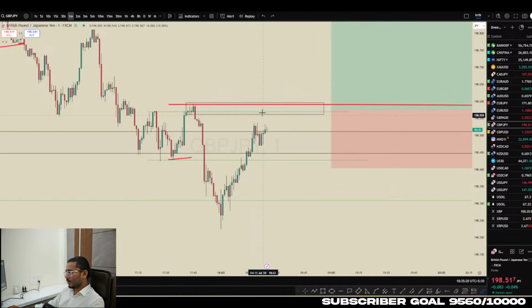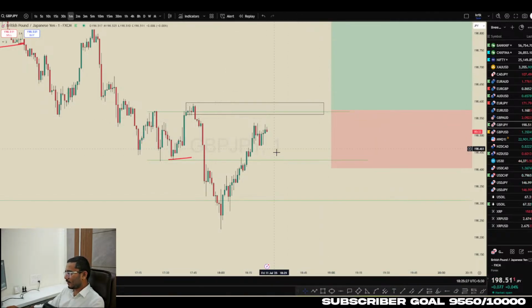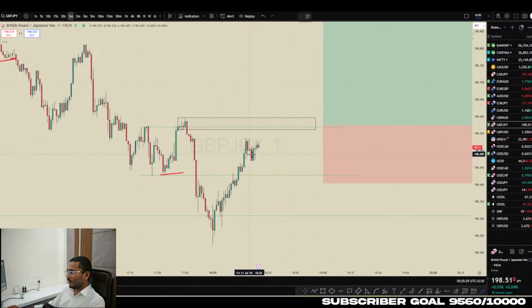It needs a lot of momentum to break this previous structure. That's why it creates a breaker block at this area and not an order block. Price will tap this order block, sweep the previous liquidity first, and then break the structure. So this will be the breaker block and this will be our order block.